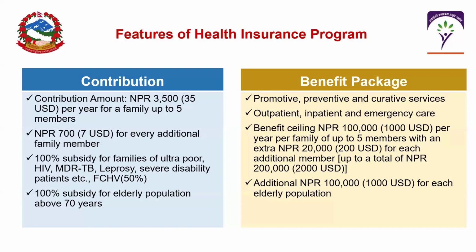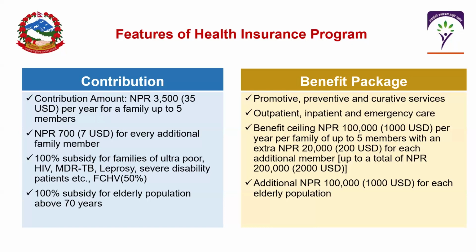An additional premium of 700 Nepali rupees, or 7 US dollars, is added for every additional family member. There is a 100% subsidy for ultra-poor families and the SIB target group included in the marginal group, and a 100% subsidy for the elder population above 70 years, who are called senior citizens.